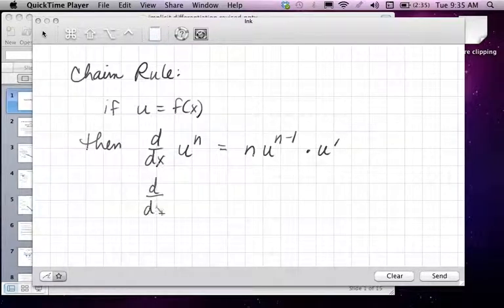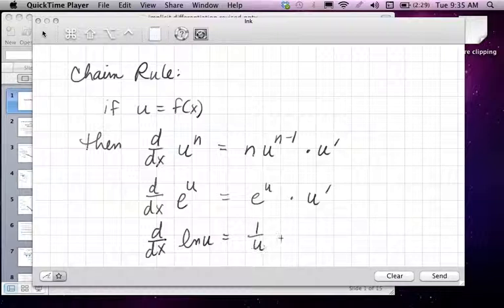Or say we wanted to do e to the u, its derivative is e to the u times u prime. And then we just learned logarithms. Ln of u is 1 over u times u prime. So we were using the chain rule.